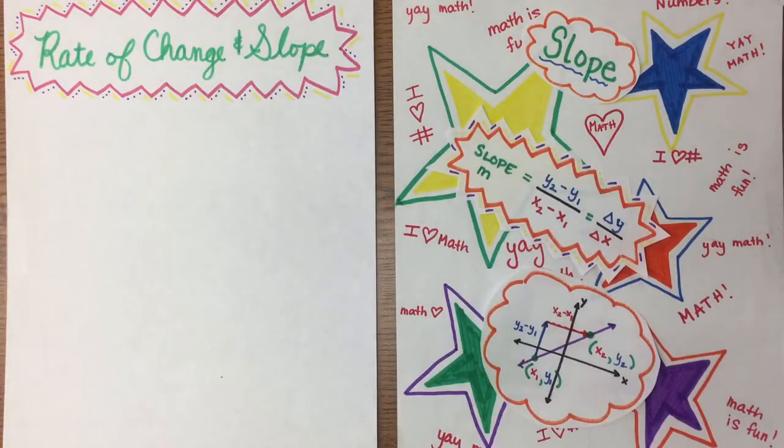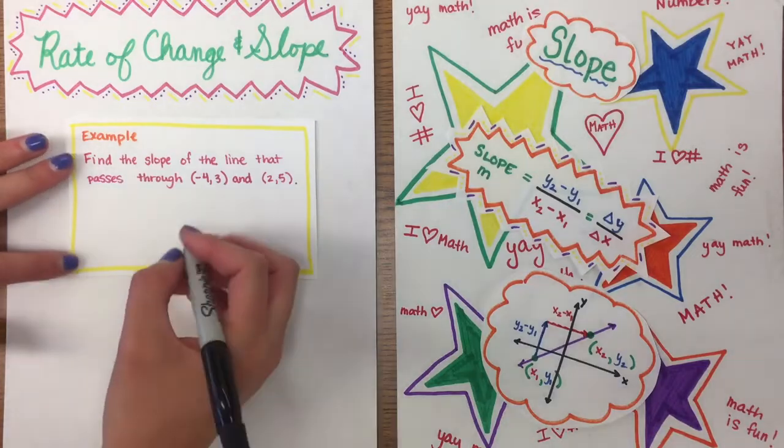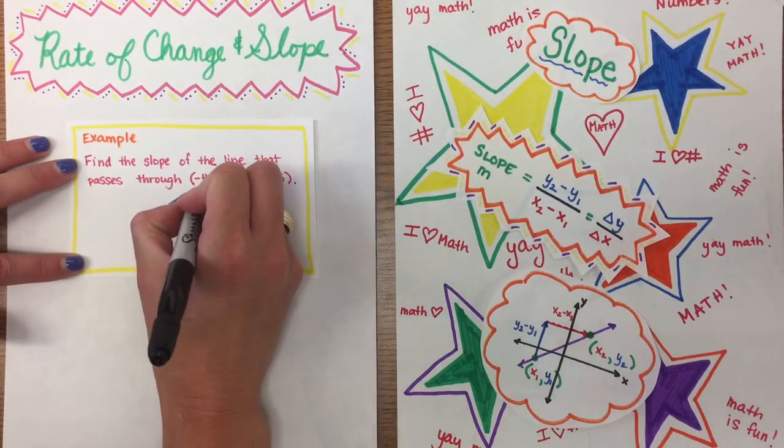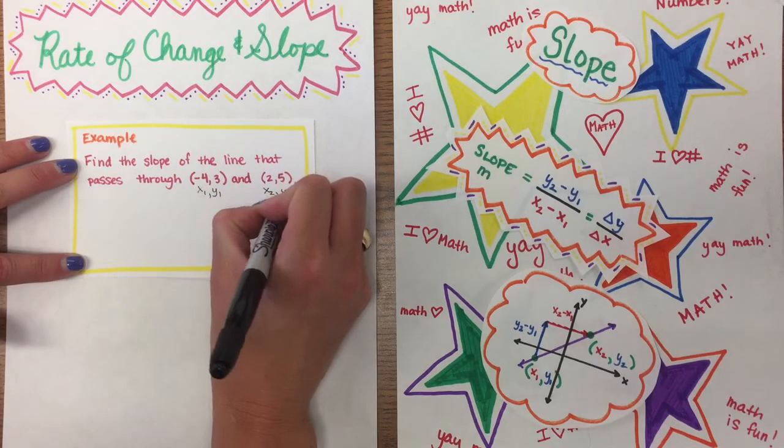The first example I want to look at is just the slope of 2 points. So find the slope of the line that passes through the points -4, 3, and 2, 5. So I'll say that this is my x1, y1, and my x2, y2.